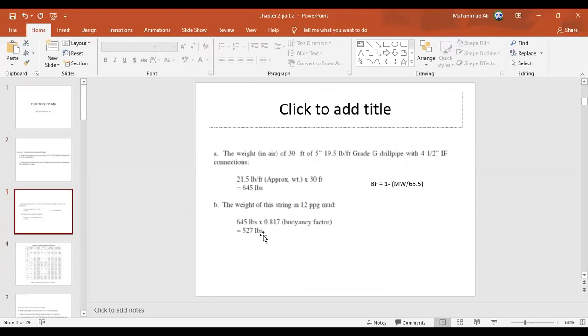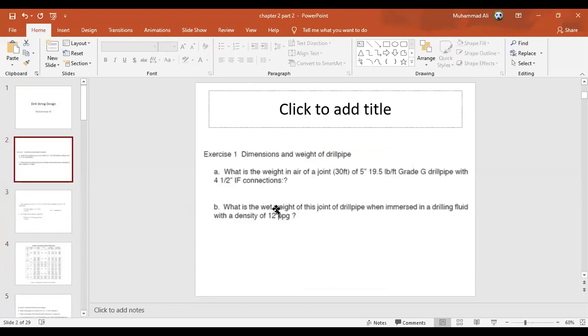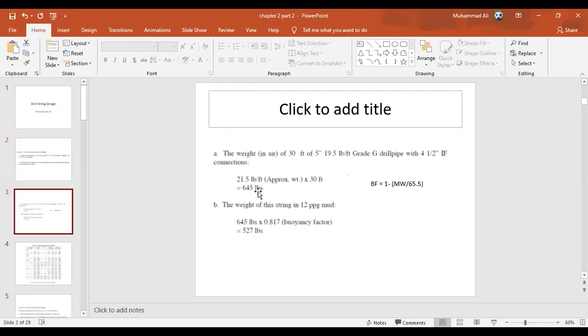Okay. Now the second part of the exam: what if this pipe is immersed in a density of 12 ppg? We have a drilling fluid inside the borehole with 12 ppg mud. How much will be the weight? In order to calculate the weight of this drill pipe, which we calculated as 645, inside this drilling fluid, we must consider the buoyancy factor.